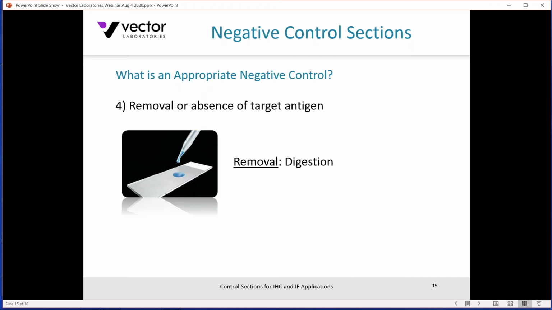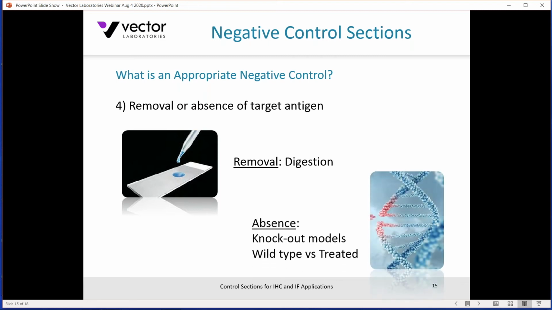I understand that may not be an option for a lot of investigators. You can't really digest out a cytokine or something like that. In those cases, though, there may be other options such as knockout models, or indeed treated versus untreated wild type, where the antigen is present in some, whether it be treated or untreated, and not present in the other.